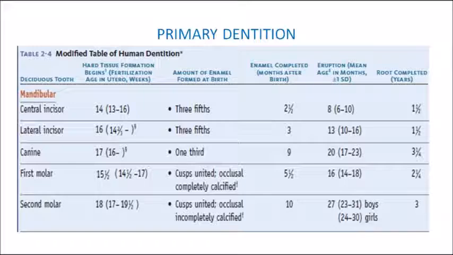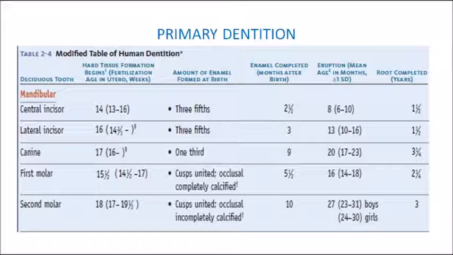Here you have to see that there is a gender disparity in the eruption of the second primary molar in the lower arch, whereas in the upper arch we were seeing a disparity in the gender only for the first molar. In the upper arch it was the first molar which was showing a gender disparity, whereas in the lower arch it is the second molar which is showing a gender predilection.